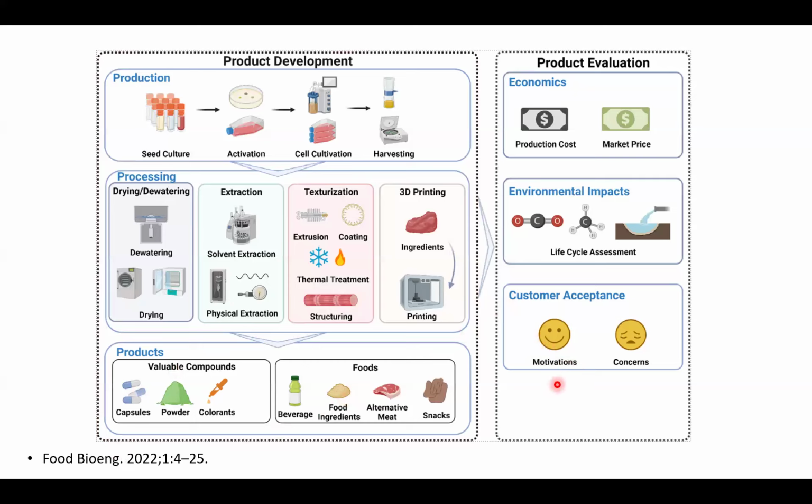You can produce a cell material with very low carbon footprint, but the customer doesn't like it. You can find that people still don't eat this kind of alternative meat or alternative protein, and customer acceptance is something you can't easily change.